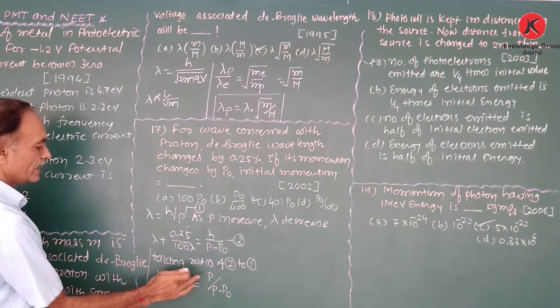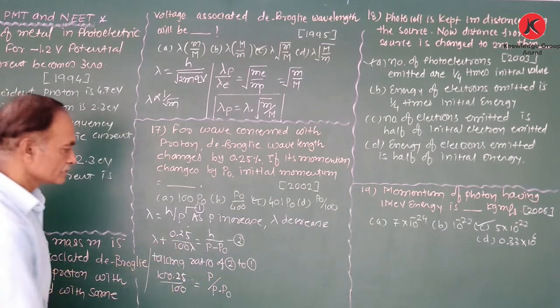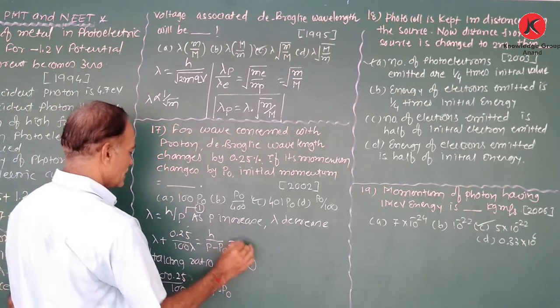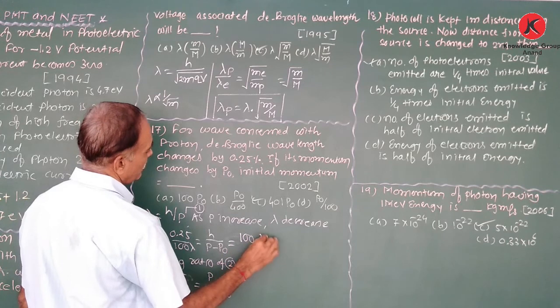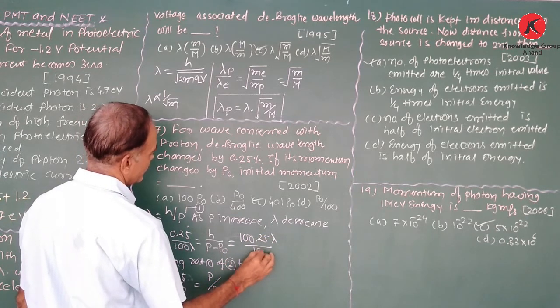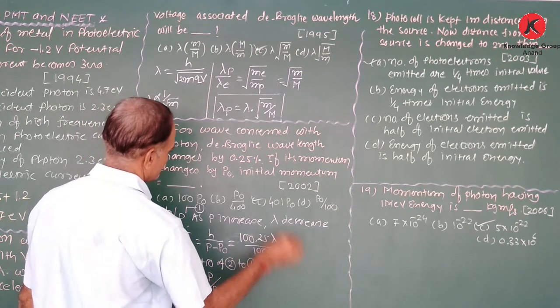Lambda is cancelled already by taking the ratio. Here we simplified the left hand side, therefore there is 100.25 lambda upon 100. That is equation number 2.